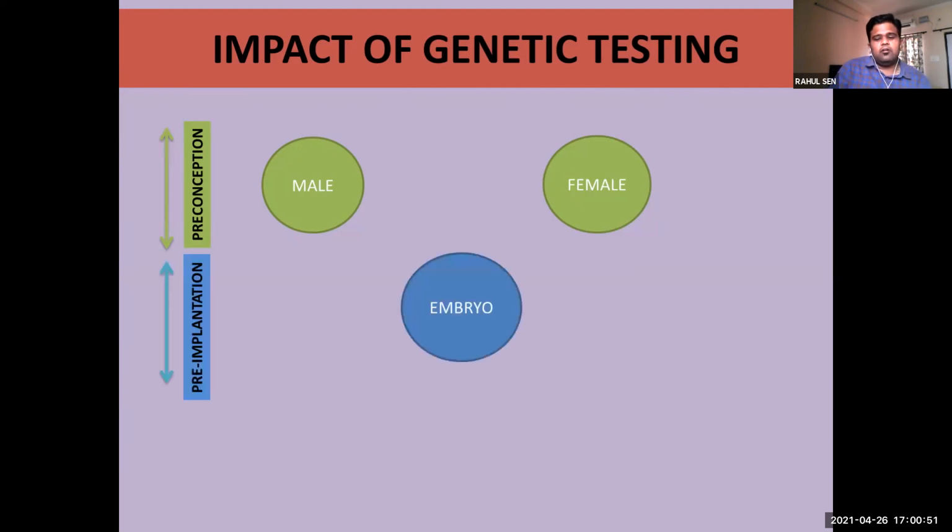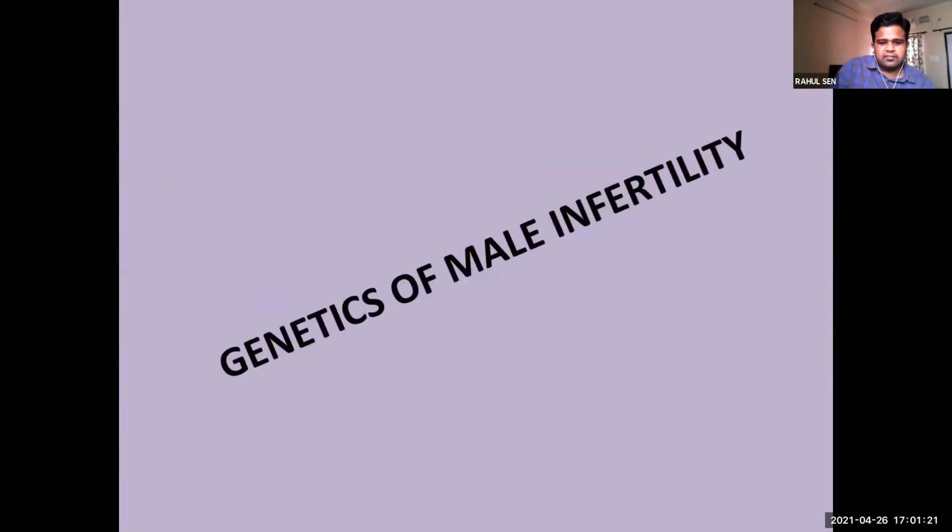It can be done at the pre-implantation level, where the embryo is formed in an ART lab, and that embryo is sent to a genetic lab, the assessment is done, and then the transfer is done. Or at the prenatal stage, where the pregnancy has already occurred, and the fetus is now allowed to process for genetic testing.